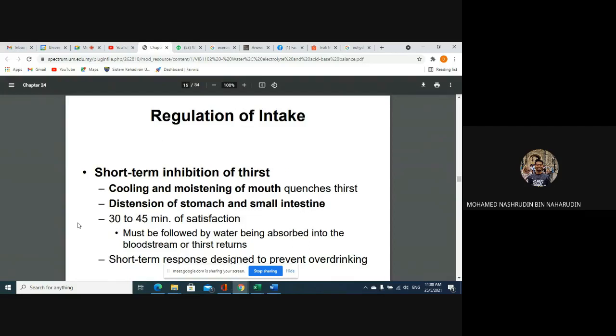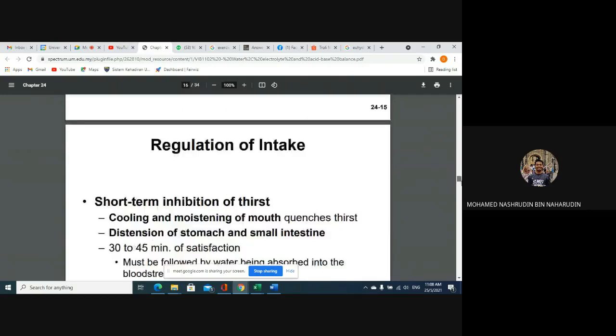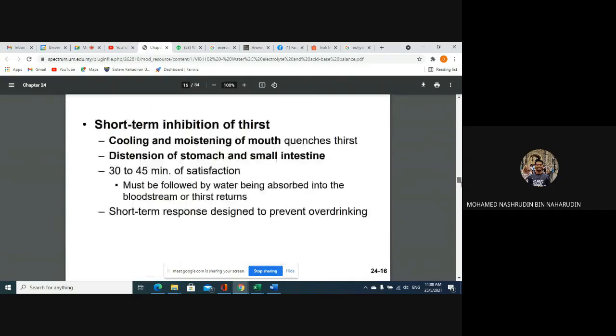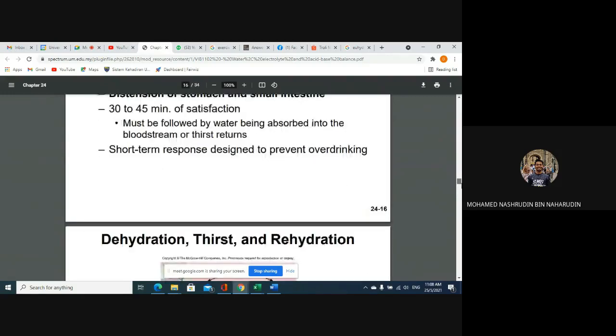Distension of the stomach and small intestine also will stop water intake, and this will last for 30 to 45 minutes of satisfaction. Yes, this is the dehydration and thirst.